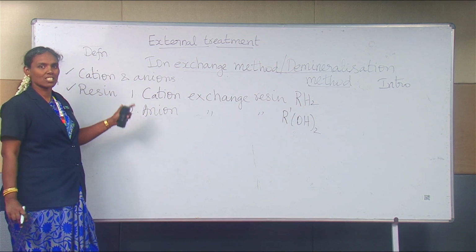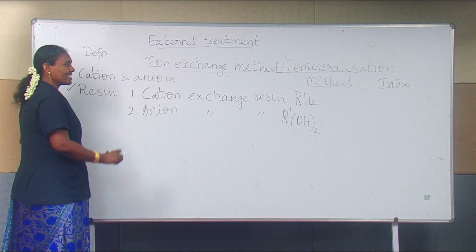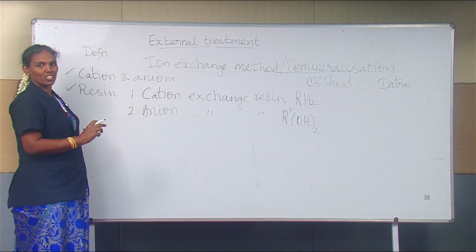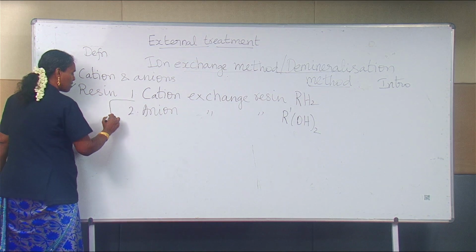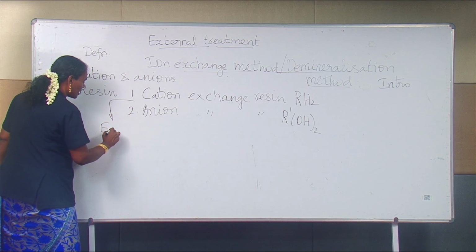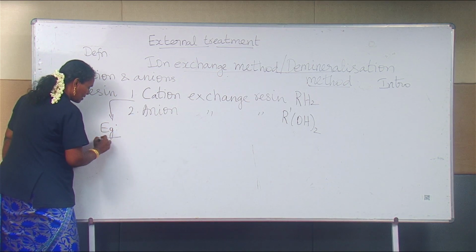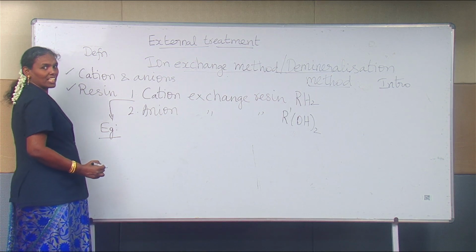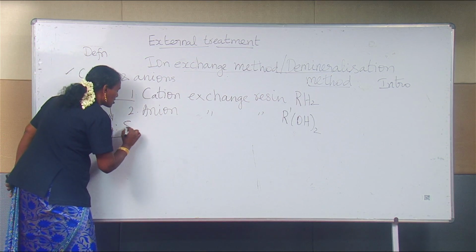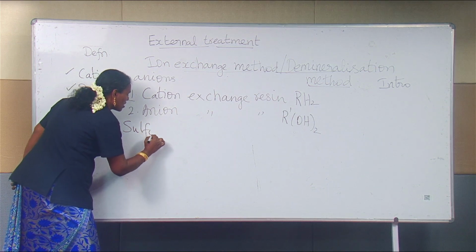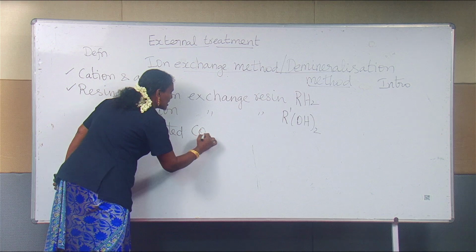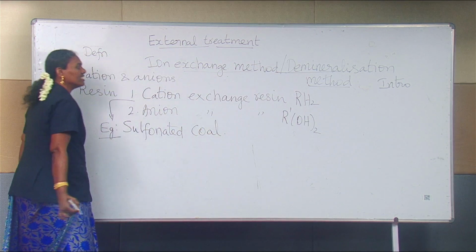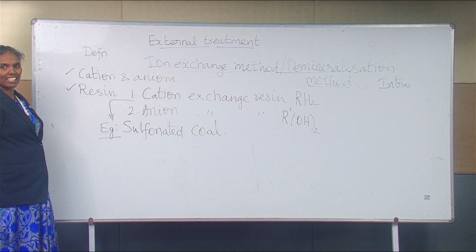Next, you have to write the example for cation exchange resin. What is the example? We have sulfonated coals. Sulfonated coal is an example for cation exchange resin.